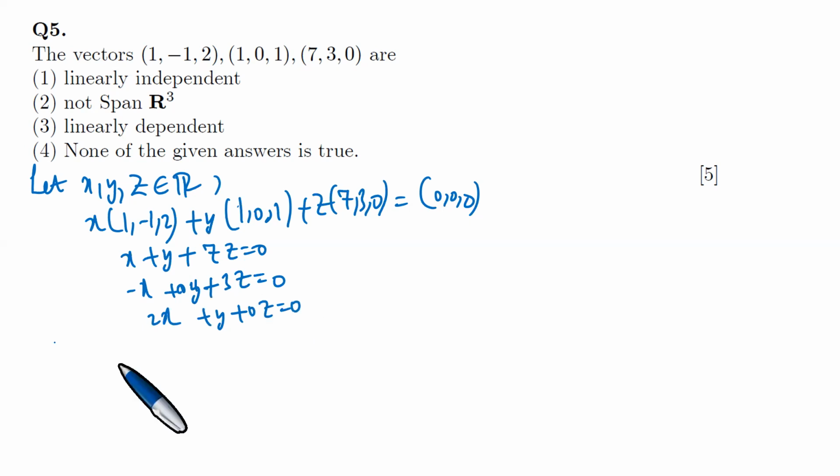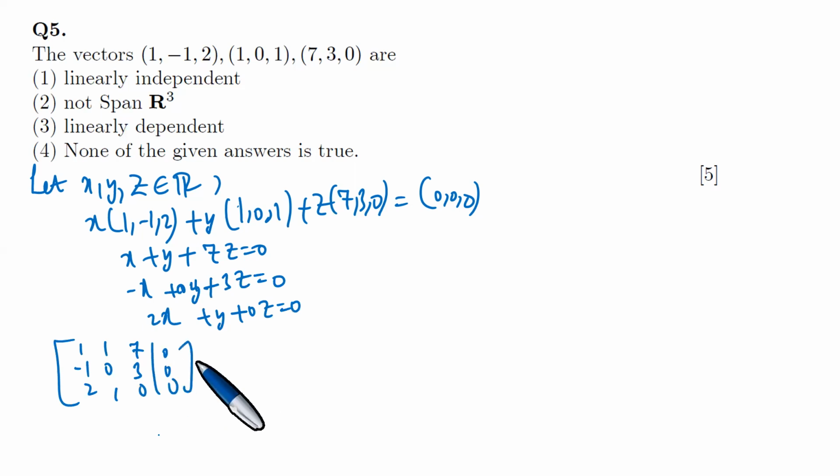At this point, you have this 1, 0, 1. You have 7, 3, 0. And then you have this. We just need to deal with this augmented matrix.